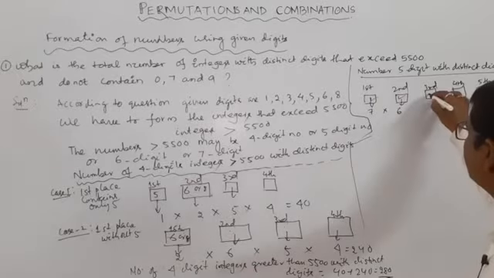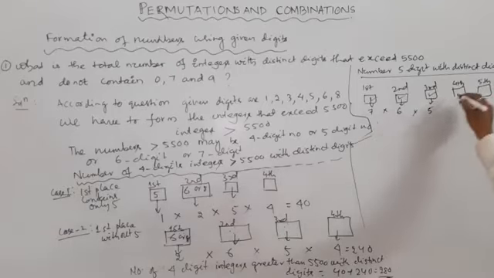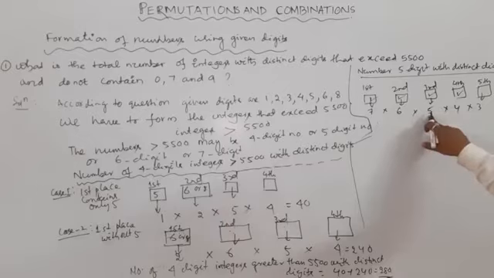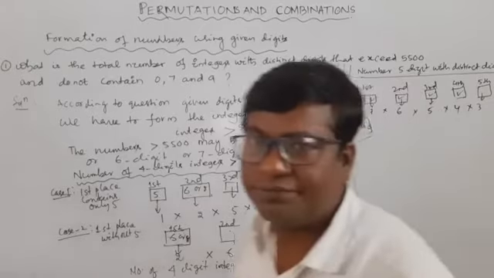Now the remaining 5 digits, so the third place can be filled in 5 ways, the fourth place in 4 ways, and the fifth place in 3 ways. Multiplying, 7 into 6 is 42, 12 by 60, 360 into 7.